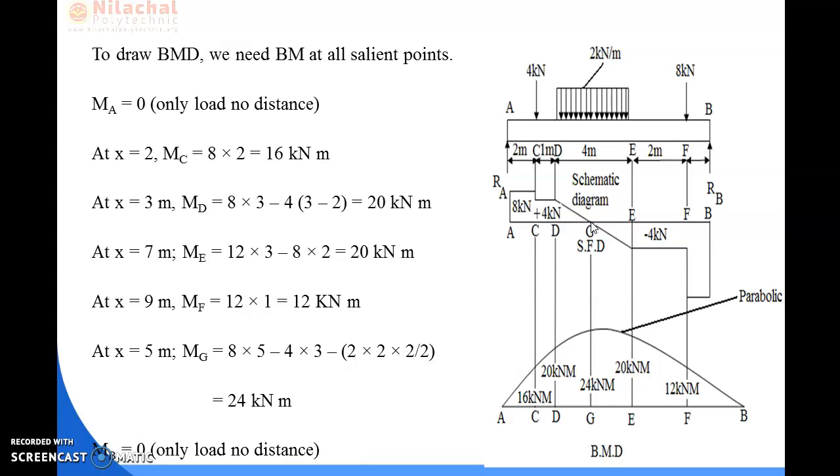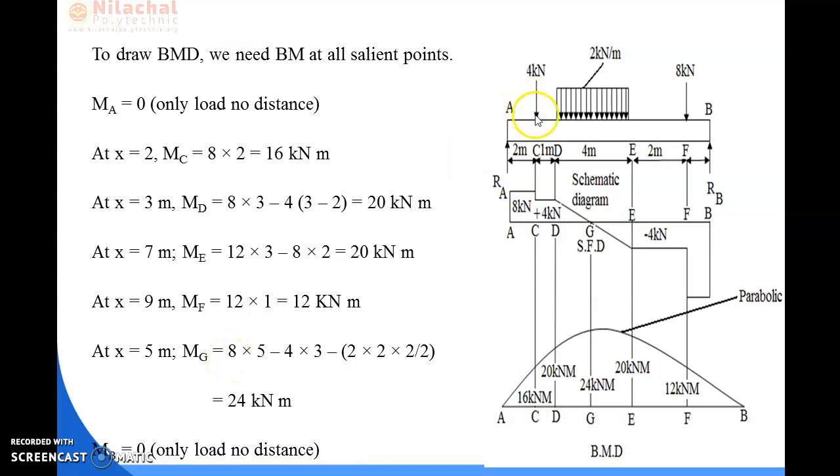So the moment calculation will be RA into 5, that is load into distance. This reaction gives a sagging moment towards point G, so the sign of this moment will be positive in nature. So 8 into 5 is positive.